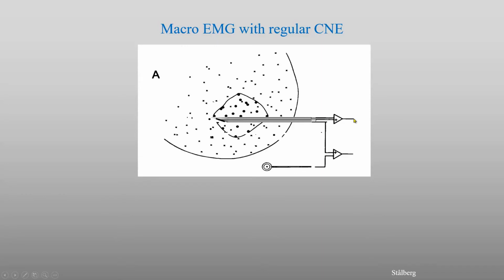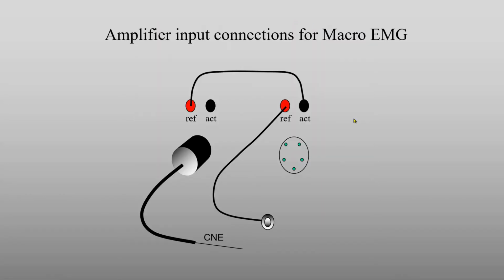And it's actually very easy. If you have an EMG equipment with two-channel input, you can simply do the following. In one of the inputs you put the concentric needle electrode. And as you know, you often have small extra connectors. If you look at your equipment, you can see that there are small extra connectors. And one is the reference and one is the active part.